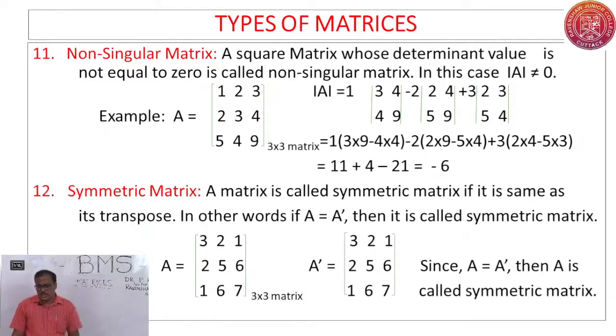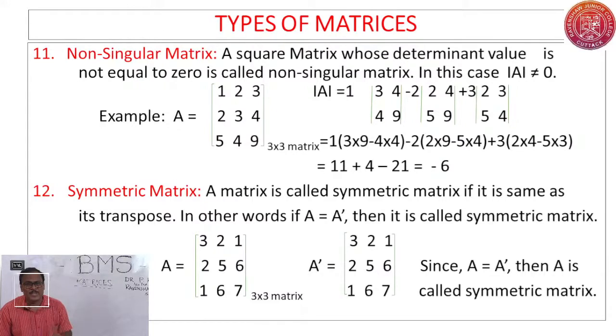So this is a 3 by 3 matrix. Now we find the determinant value. The first element is 1, and I have already told you the first row signs are positive, negative and positive. So the first element is 1, then you leave that column and row. What is the rest? That is 3, 4 and 4, 9.